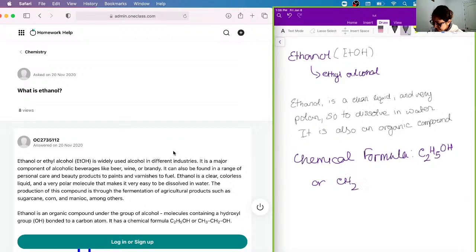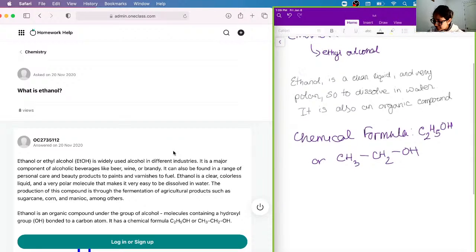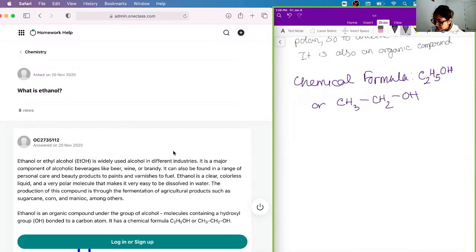Or you can write it as CH3CH2OH. And this is how if you break it down, you would write it like that. And the way you would draw this out, a skeletal structure or simple diagram, you would draw it like this.